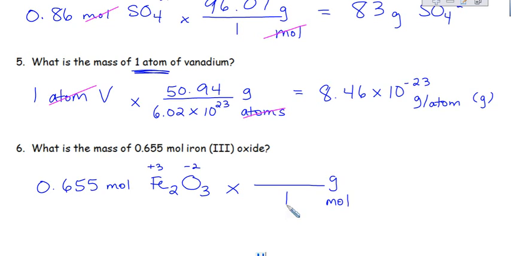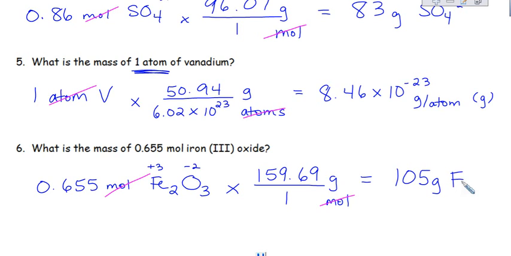So 2 times iron plus 3 times oxygen is about 159.69 grams. We're going to multiply across. Moles and moles cancel just like I want. And with 3 significant figures, how about 105 grams of Fe2O3, iron oxide?